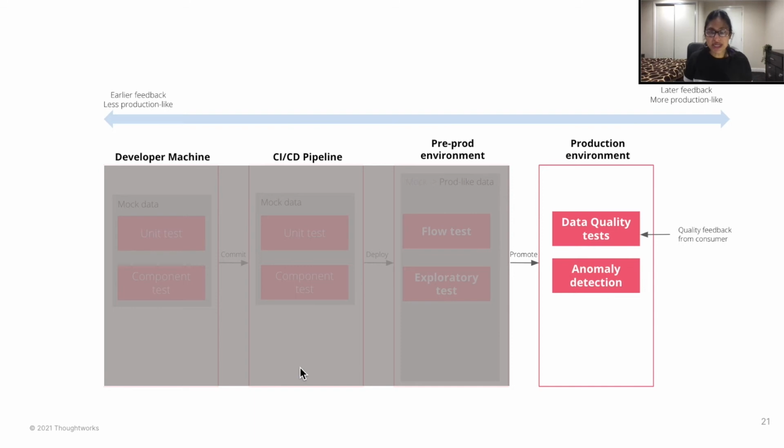So any quality expectations from the consumers or the domain owners are codified in your data quality test. And it's better to test early before it reaches the consumer and the business finds out about those issues and gradually loses trust. The other type of test is anomaly detection.